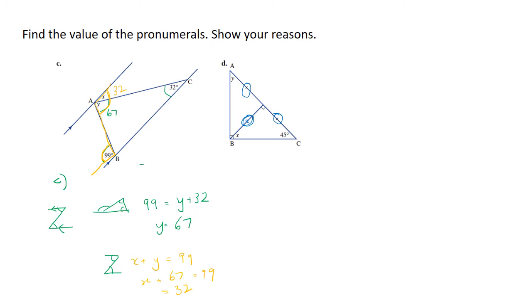Now, the final thing is that this triangle has a right angle here, okay? And we know from the supplementary rule, right, that the two angles have to add up to 180. All right, so if the first angle is 90 degrees plus, let's call this B, which we're trying to find out, B equals 180, we know that B has to equal 180 take 90, which is 90, right?